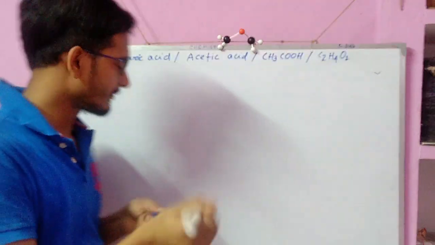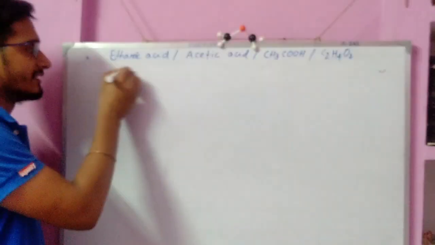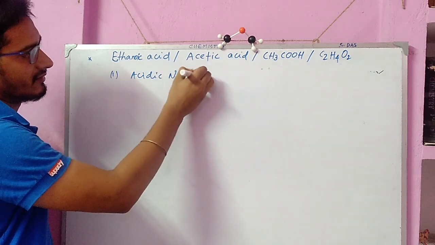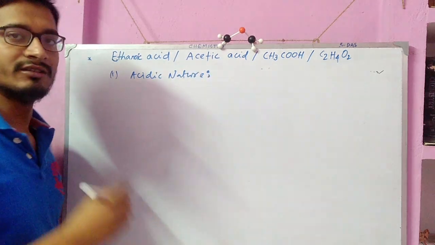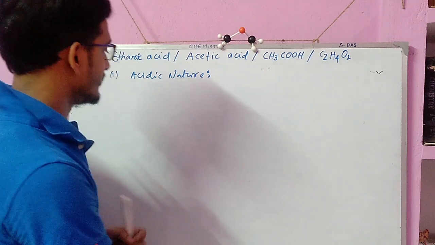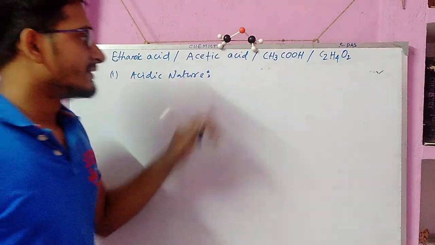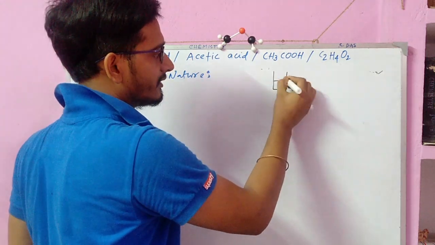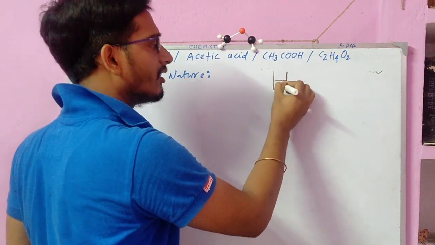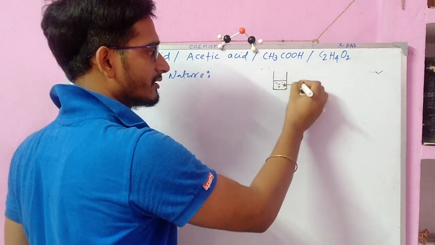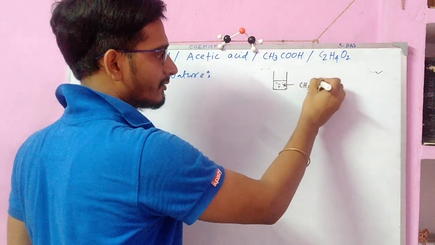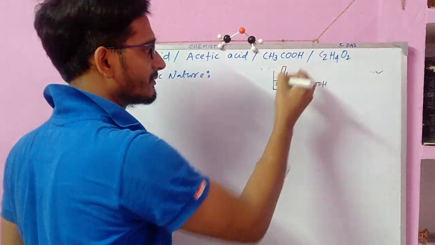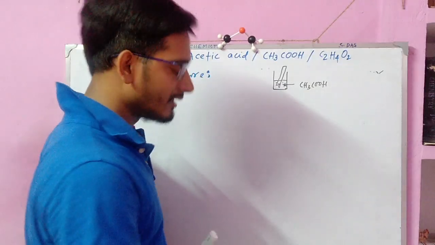First, acidic nature. How will you judge this compound is an acid? Take a litmus paper. Suppose here we have the aqueous solution, or simply the acetic acid solution, CH3COOH. Now put a litmus paper here. What will happen?